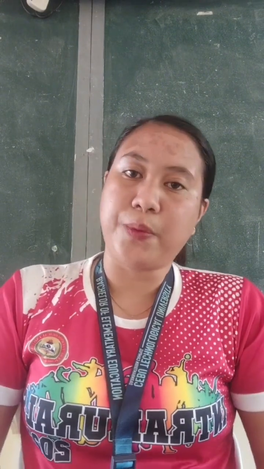Number 2, in multiplying a fraction by a whole number, express the whole number as a fraction with a denominator of 1, then multiply the numerators and the denominators and express the answer in simplest form. 3, in multiplying mixed numbers, express the mixed numbers as improper fractions, then multiply the numerators and the denominators and express the answer in simplest form.